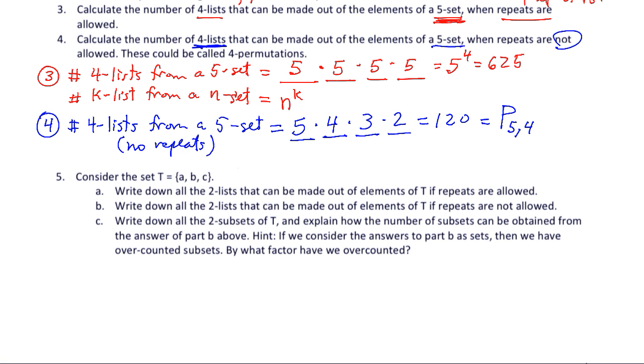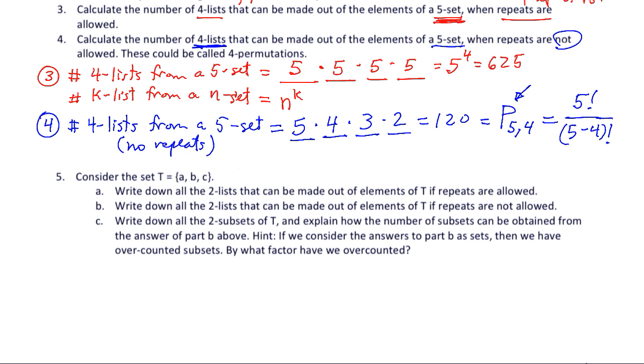So P54. Choose 4 out of 5 where order matters, and the P you can think of as standing for president, where we're choosing a president and a vice president from a committee. And this is 5 factorial over 5 minus 4 factorial.